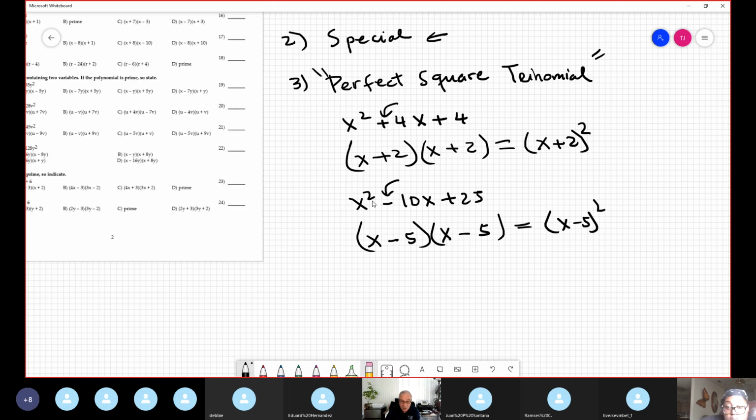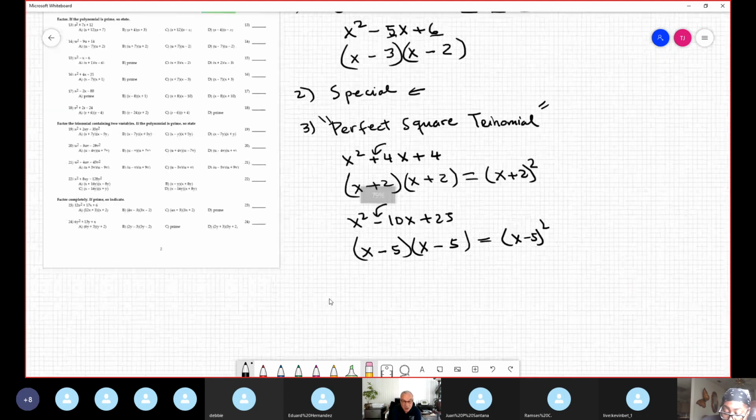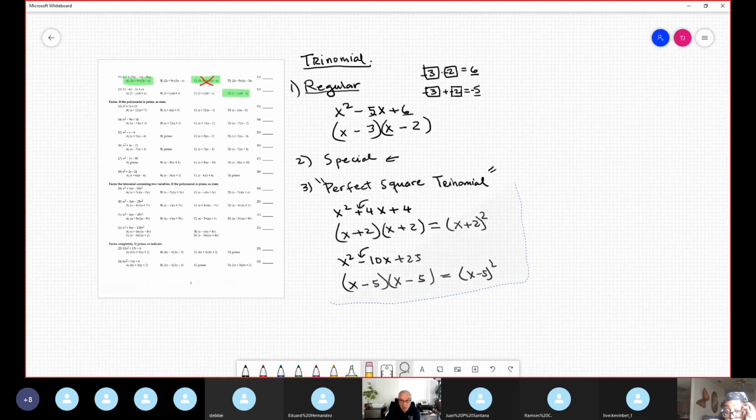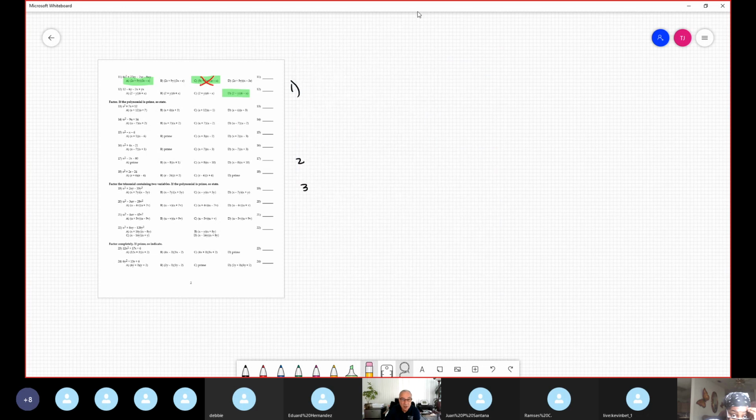So do you understand? Can you understand so far? This is complicated, very, very complicated, I promise. We have three kinds of trinomial, and this is important to identify, because when you identify, your idea is more clear about the strategy that we use.